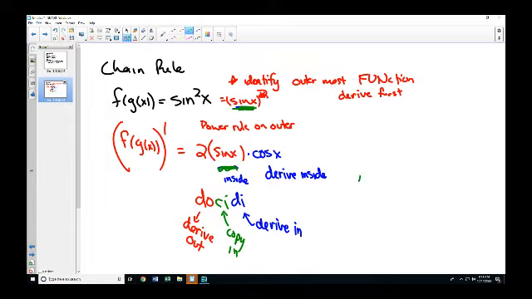That's a big key here. Just do one derivative at a time. Okay, big deal. Any questions on this?